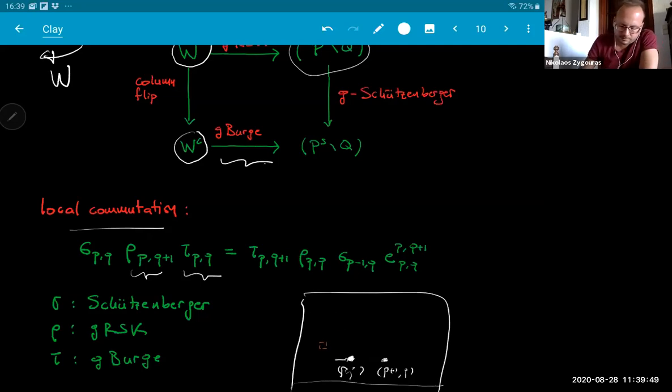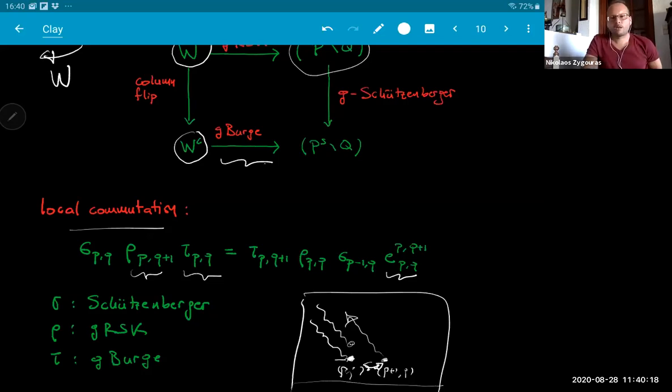That will be the same as if you exchange the values at the two neighboring sites. Then you do a Schützenberger at the site sitting just above PQ. Then you do an RSK at the site sitting at PQ, and then you do a geometric Berge at the site sitting at P+1Q.